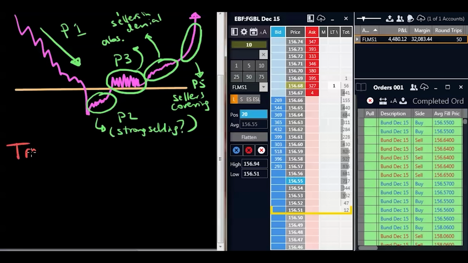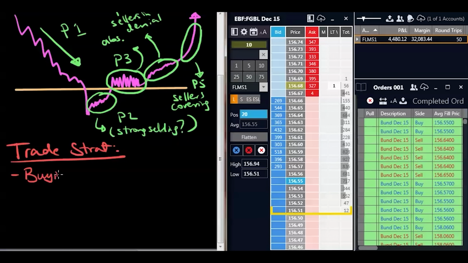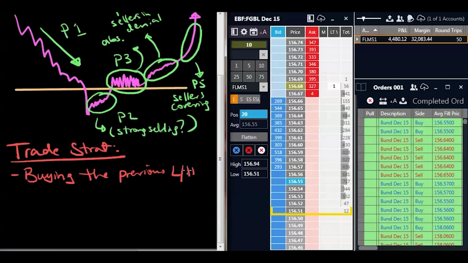So from a trade strategy perspective, we look for the break. Do we see the strong selling? Once we get back above, we're buying the previous low, or well, high, as this could be selling the previous low or high.